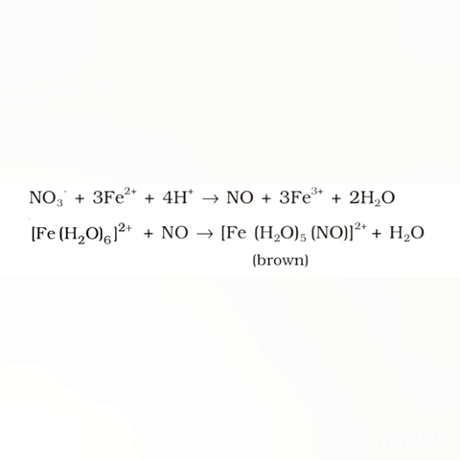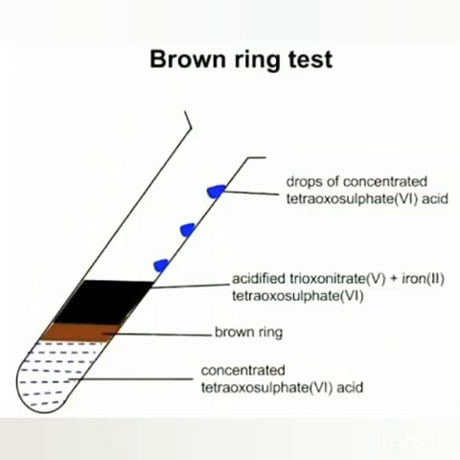So, this ring test for nitrate depends on the ability of ferrous ion to reduce nitrates to nitric oxide, which reacts with ferrous ion to form a brown colored complex. The test is usually carried out by adding dilute ferrous sulfate solution to an aqueous solution containing nitrate ion.